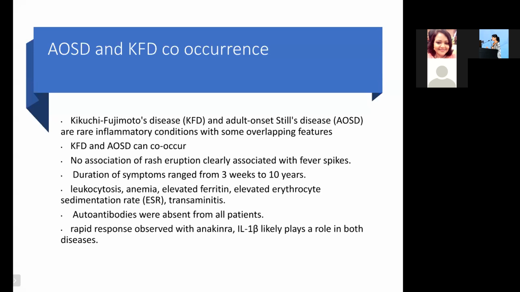One case report has suggested a rapid response observed with anakinra in a patient who had both Kikuchi and Still's disease. So maybe IL-1 beta likely plays a role in both diseases.